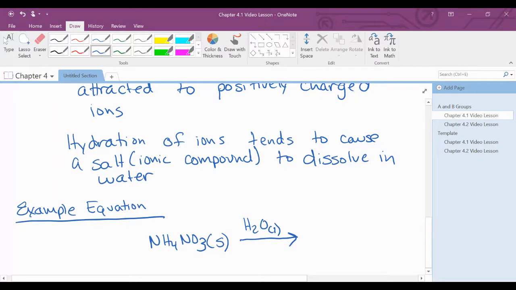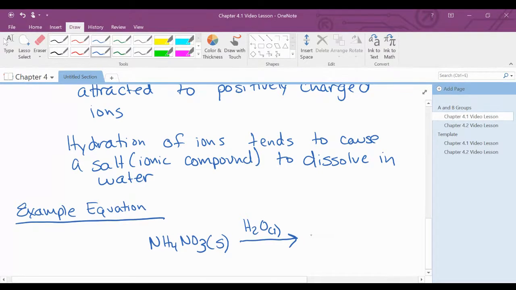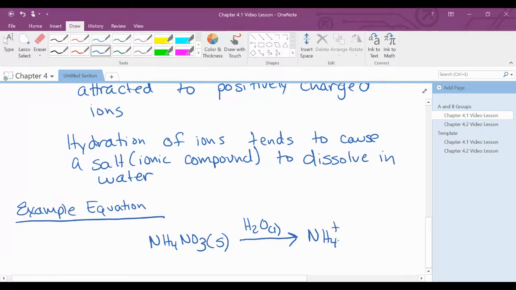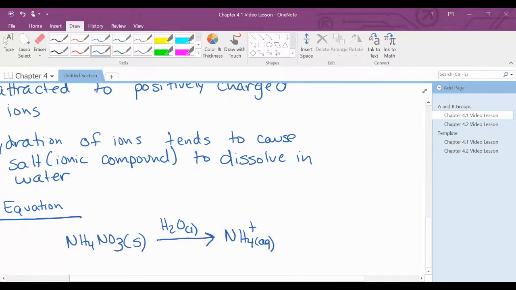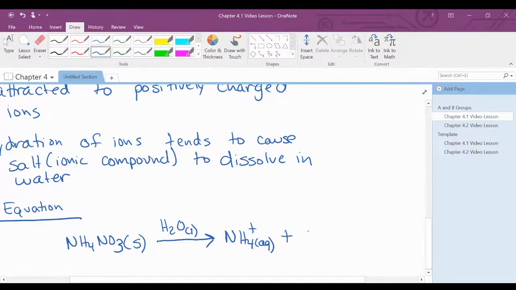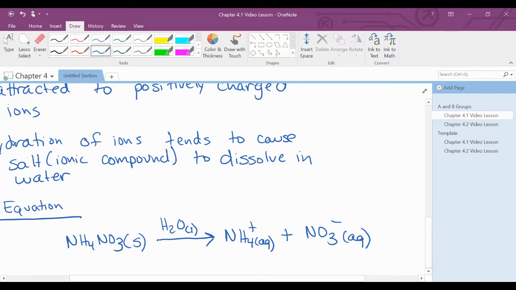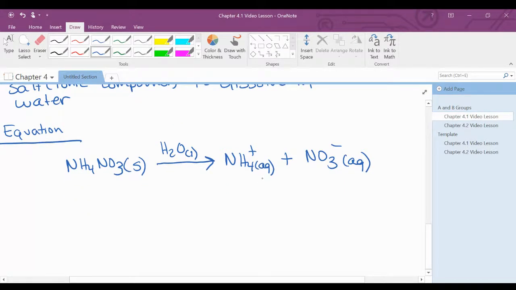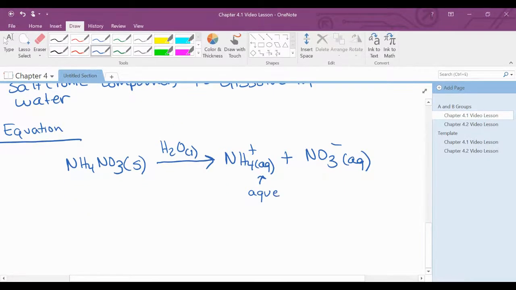The water molecules hydrate that ionic compound, the ammonium nitrate, and it forms ammonium cations that are in solution. The aqueous means they're dissolved. And the nitrate anions in solution. And so if you don't remember, this stands for aqueous.